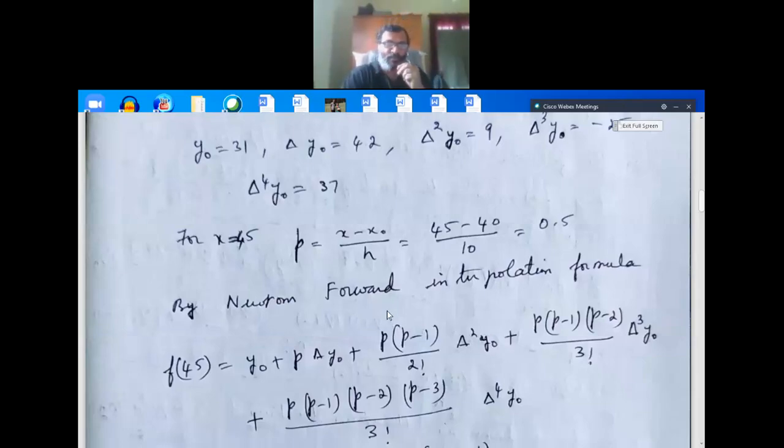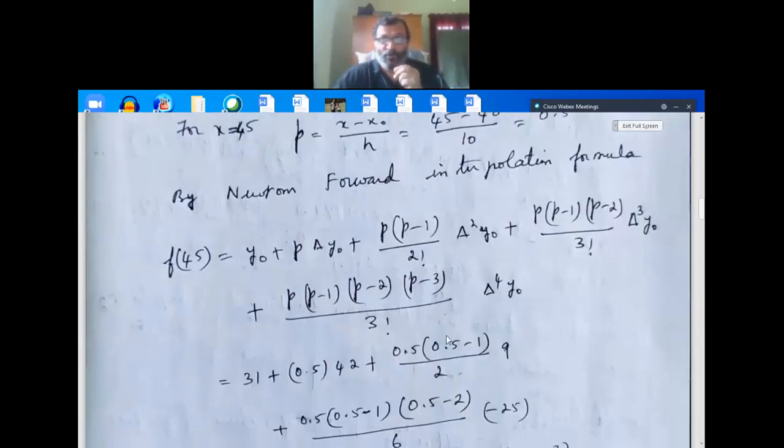By Newton's forward interpolation formula, f of 45, f of x equals y naught plus p into del y naught plus p into p minus 1 by 2 factorial del squared y naught. Now you can write the rest of the terms. It goes in order: p into p minus 1 into p minus 2 divided by 3 factorial del cubed of y naught.